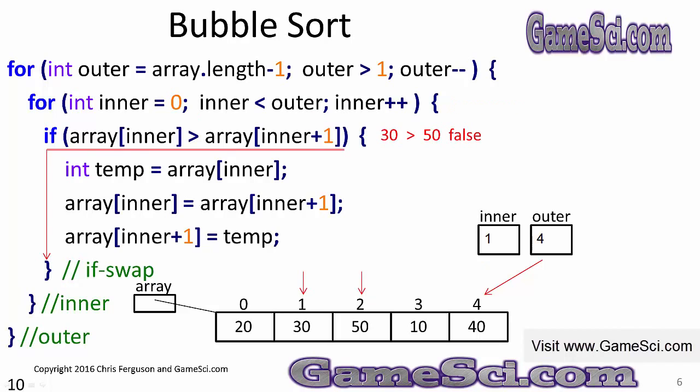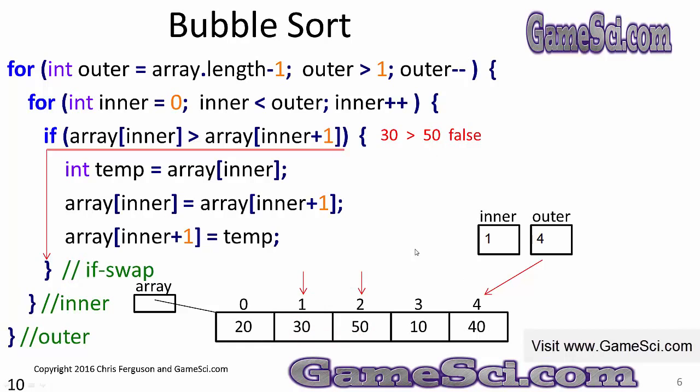Into the for loop we go, and we ask if array sub inner is greater than array inner plus 1. Is 30 greater than 50? And the answer to that, once again, is false. These two numbers are not out of order, so leave them alone.